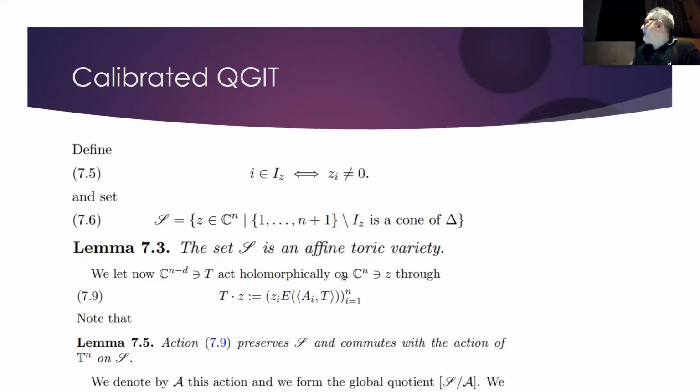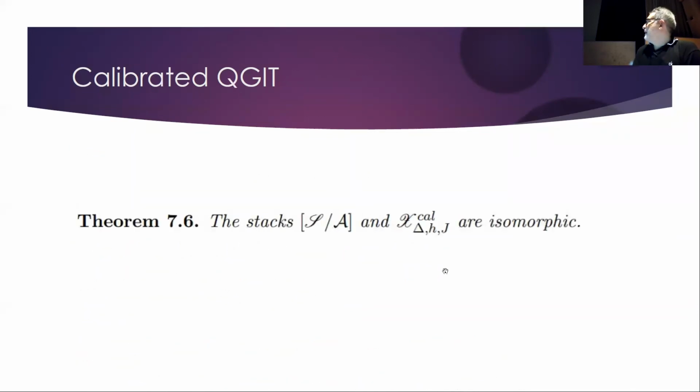And now we can put an action on this using the Gale transform. This action that came from the Gale transform, A, the Gale transform action of H, gives me a global quotient stack. And these stacks are the same. So this is a geometric invariant theory producing the calibrated quantum toric variety.